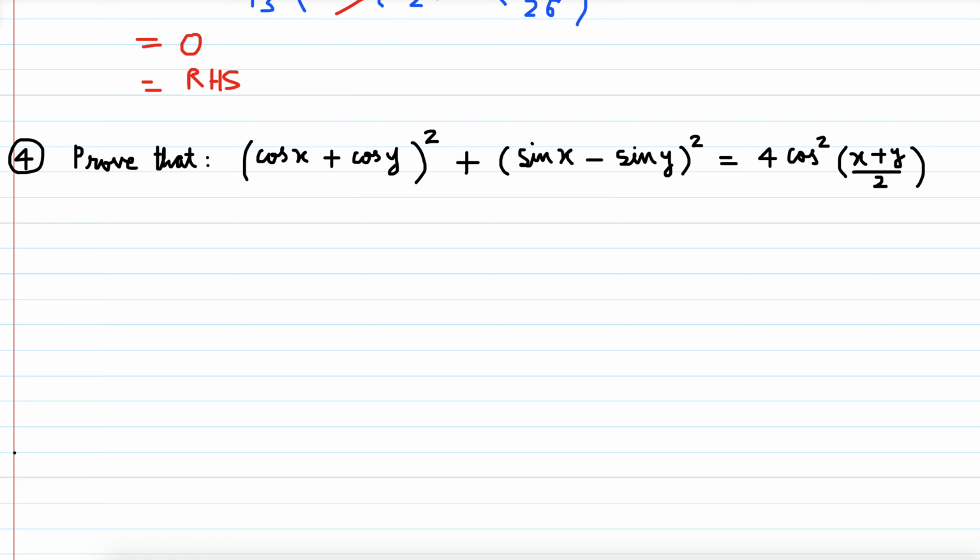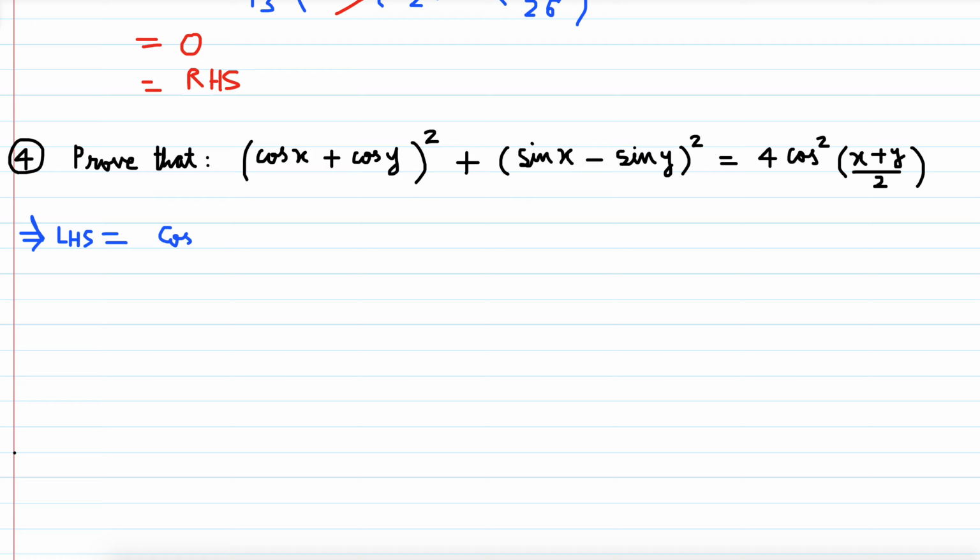Now let's move on to our fourth question. So we have to prove that the left hand side is equal to right hand side. So our left hand side, we can expand these square terms.